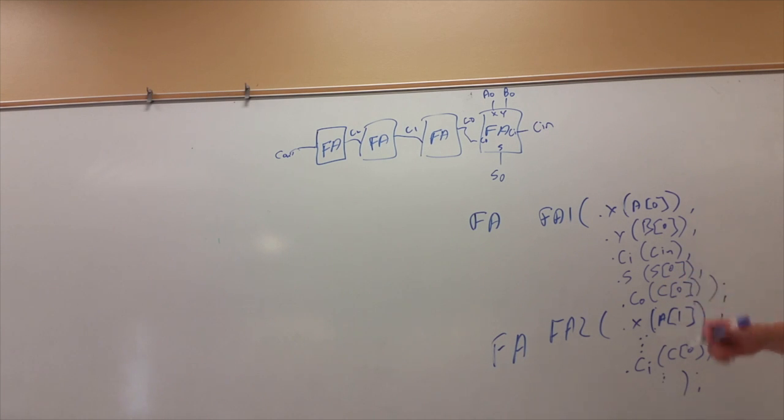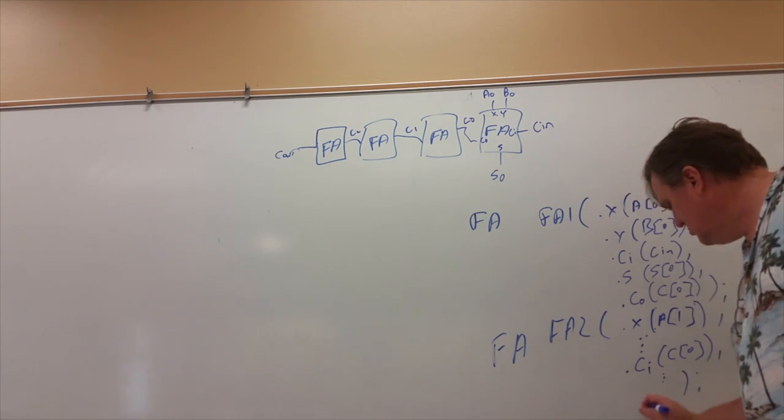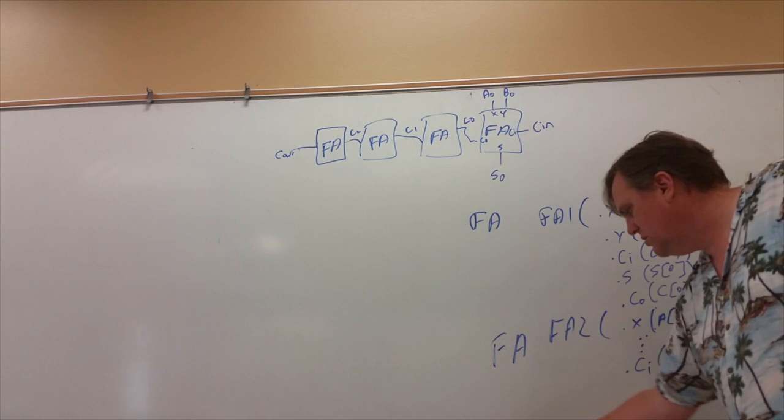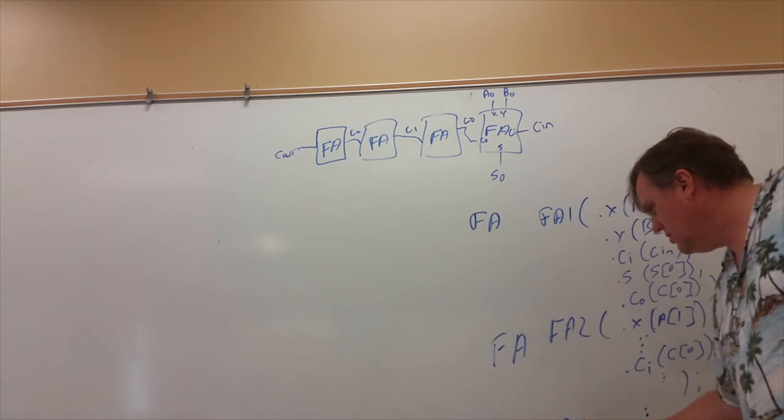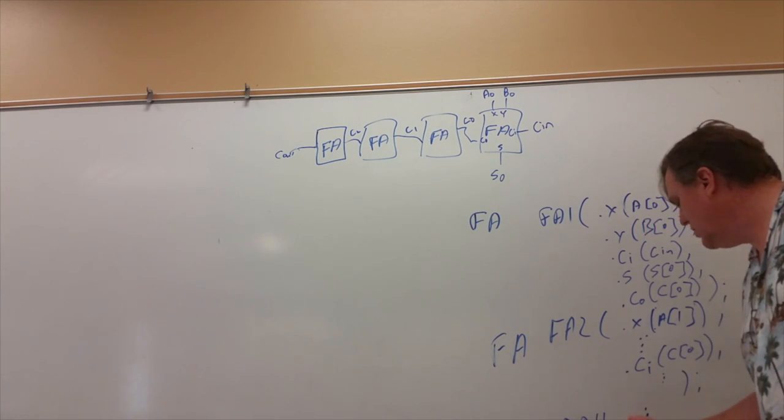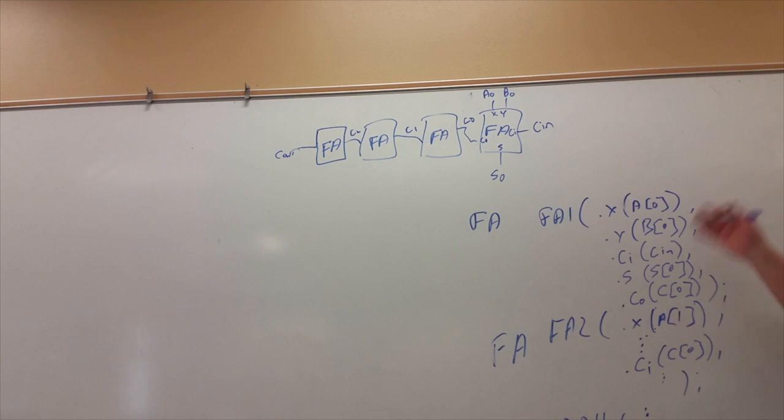How about the last one? Obviously, X, Y, whatever are going to be exactly the same, because they're feeding in. The S will be exactly the same, following this central pattern here. How about my carry out?